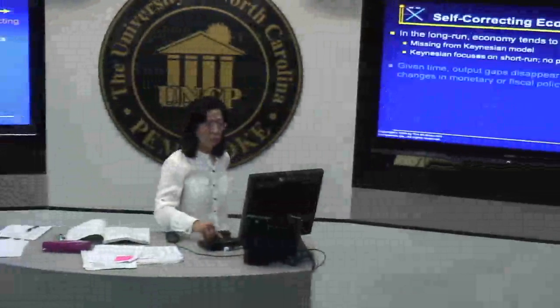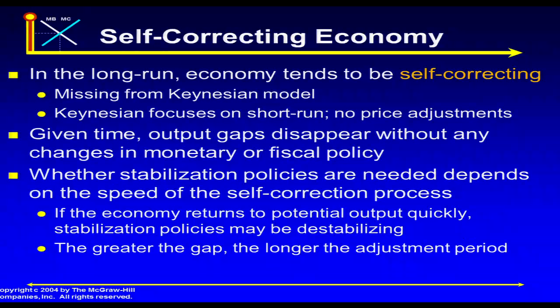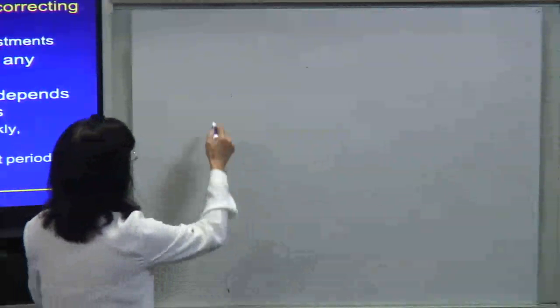Okay, so there it is. Now there is this thing called the self-correcting economy. I want to introduce this now, and I'm going to write it down. So for this class, it's better that you take notes because I'm not going to go through all the PowerPoint slides, because it's so much. I want to give you the gist.